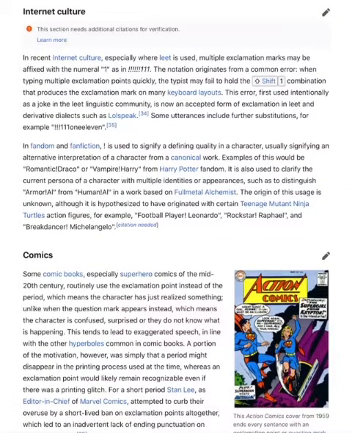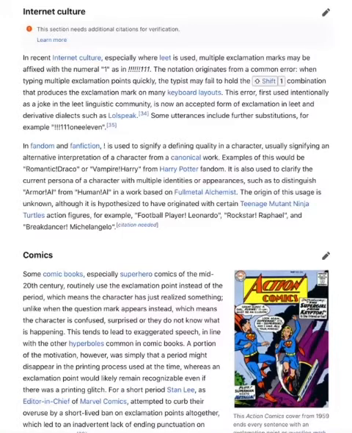Internet culture. In recent internet culture, especially where leet is used, multiple exclamation marks may be affixed with the numeral 1, as in exclamation, exclamation, exclamation, 111. The notation originates from a common error when typing multiple exclamation points quickly.